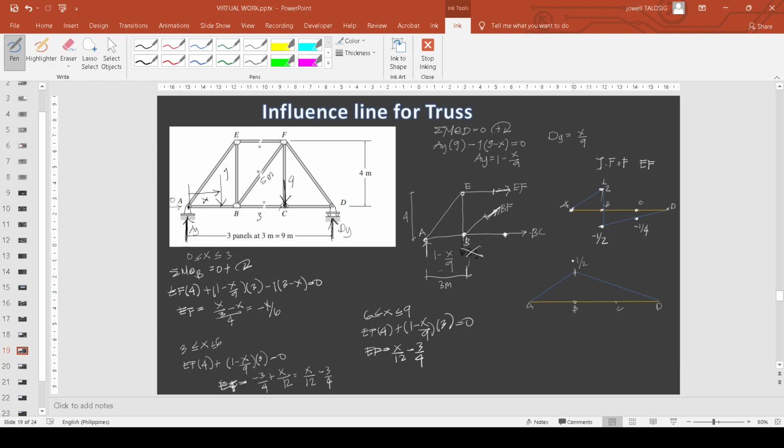Okay? Positive, no? Tension. And then, pagdating dito sa C, kung nandito na siya, 1/4. Okay, so all the time na dumaan yung 1 is tension yung nararanasan na member BC. Okay? So, magiging maximum siya at point kung saan yung 1 natin is nasa point B.